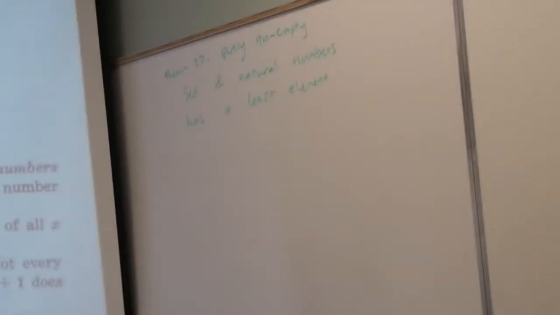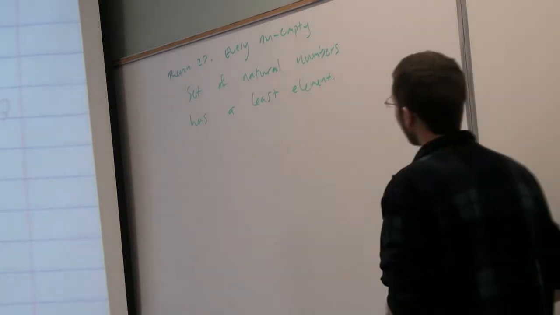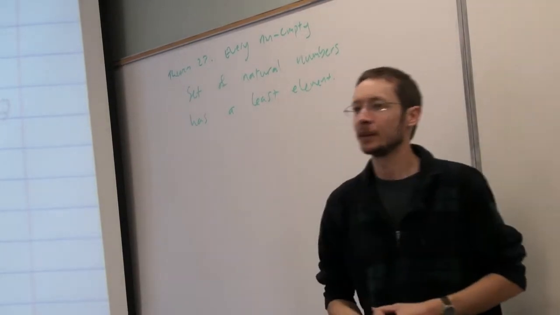So this is the theorem that we're going to work through right now. Every non-empty set of natural numbers has a least element. This is something we stated out loud right before the break.